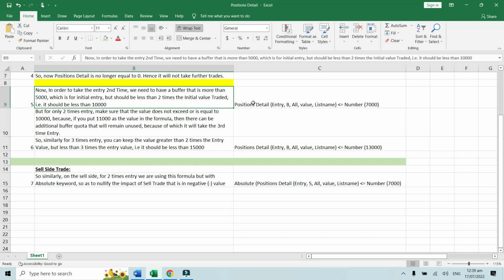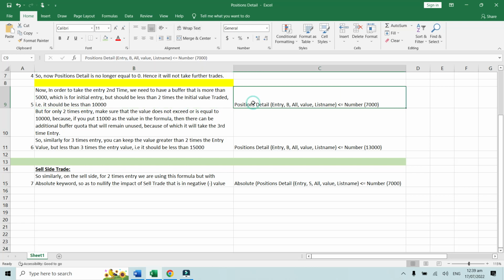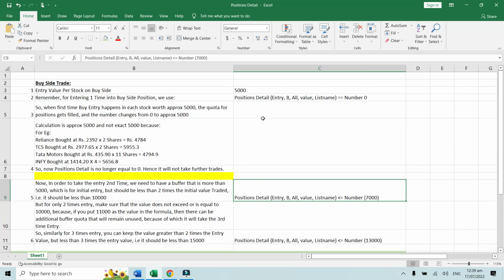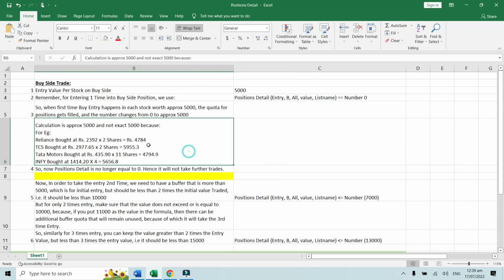That's the reason we use the value positions detail entry by all value list name less than or equal to 7,000. When the initial trade gets completed, it will record that the value of Reliance bought is 4,800, TCS bought is 5,900, Tata Motors bought is 4,700 and Infosys is bought at 5,656.